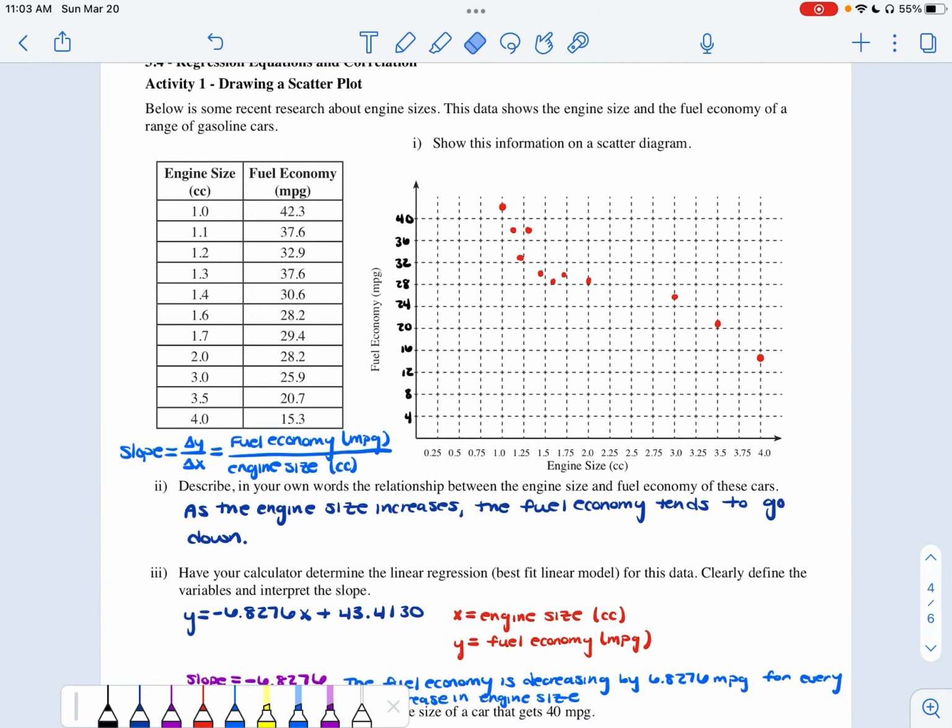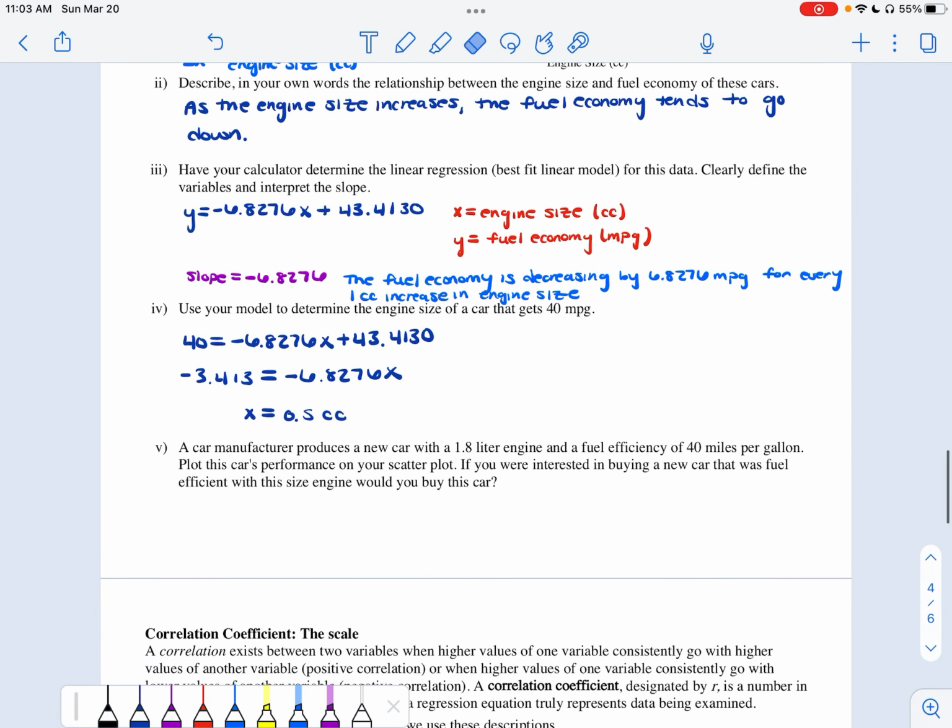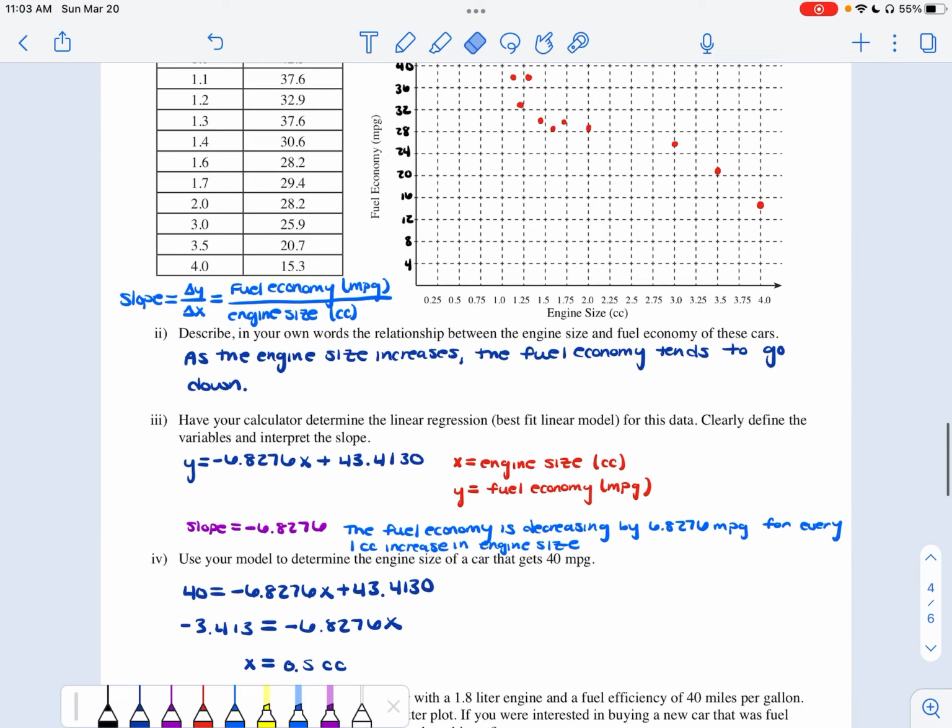Then for this last part, a car manufacturer produces a new car with a 1.8 liter engine and a fuel efficiency of 40 miles per gallon. Plot this car's performance on the scatter plot, and if you were interested in buying a new car that was fuel efficient with this size engine, would you buy this car?